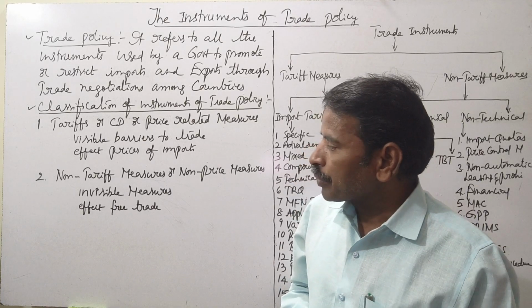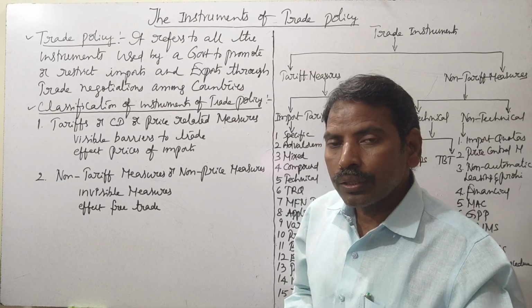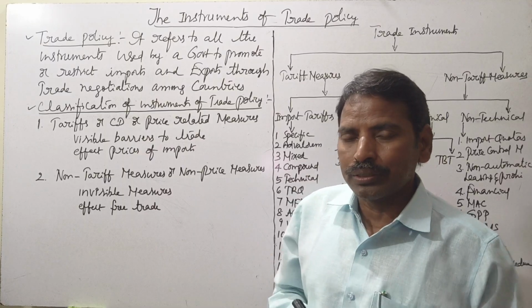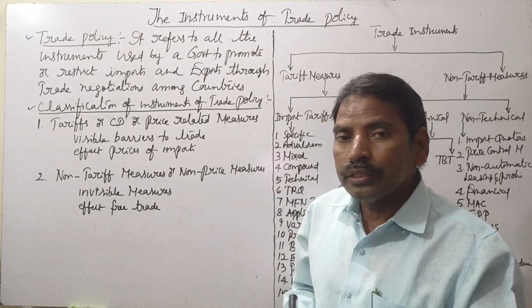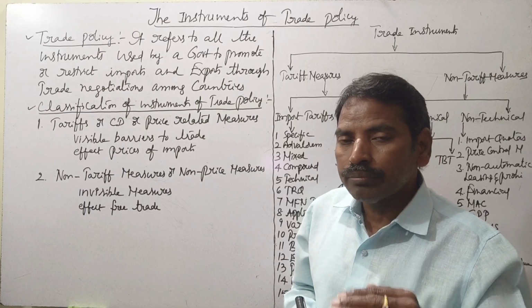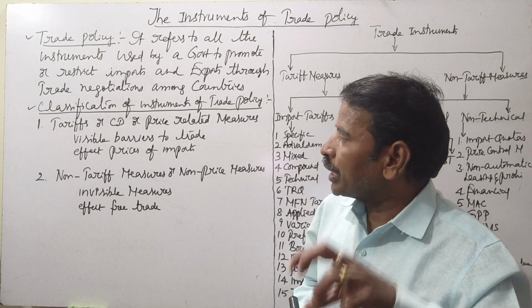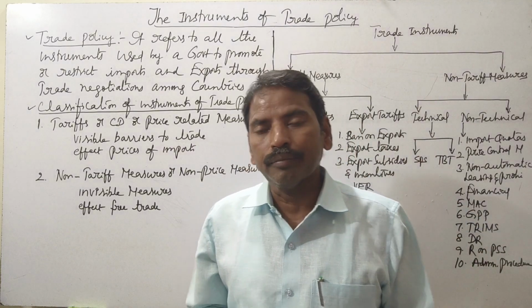The second one is non-tariff measures, also called non-price measures or invisible measures or hidden measures. Their effect is on free trade. These are the two types of instruments of trade policy.